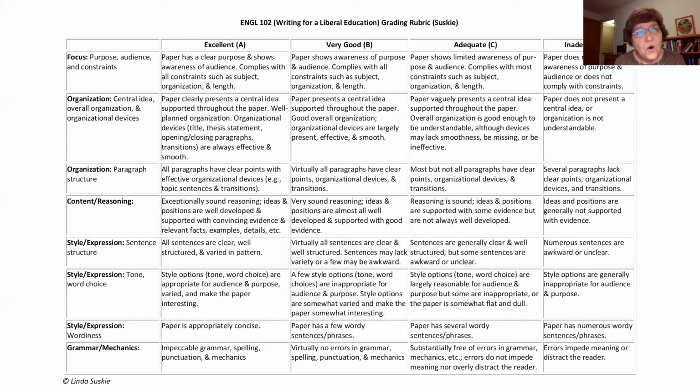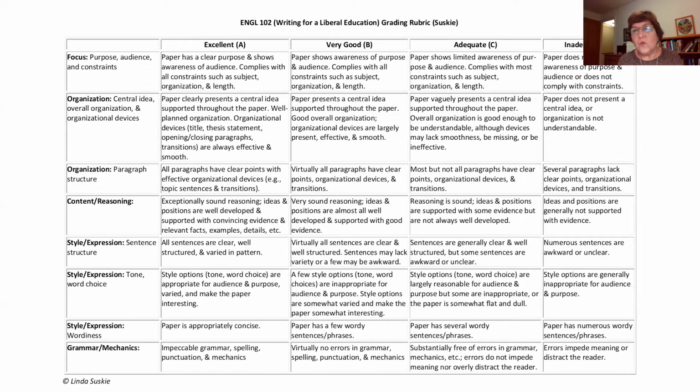I figured out as I went through my 7 versions of this rubric that they only fall into about 5 categories. One is the focus, meaning, is there a clear purpose? Do they know who the audience is? Do they understand the traits of this paper, like length? Then organization is another important aspect of good writing. Overall organization of the paper, and then also paragraph structure.